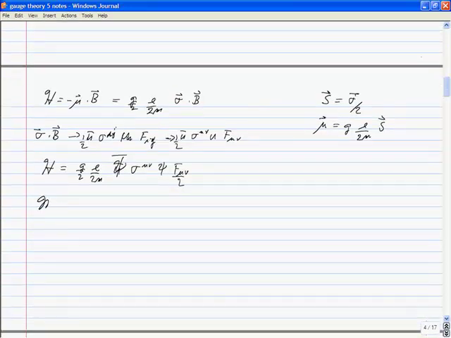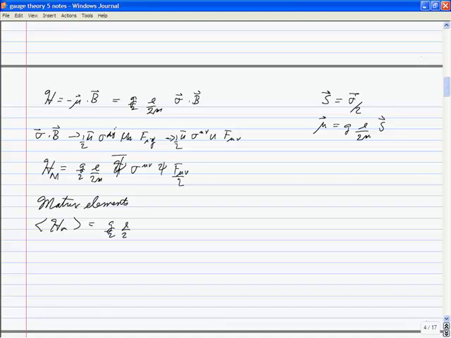If we take matrix elements, the matrix element then of H magnetism is g over 2, e over 2m, u bar sigma mu nu u.